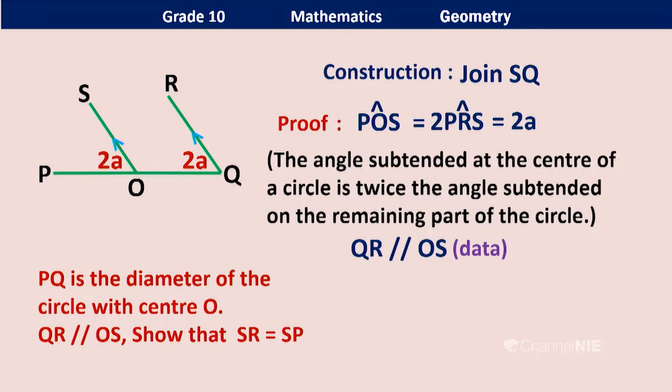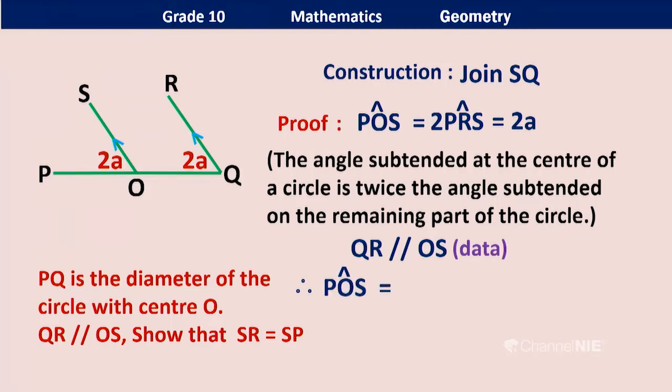Since OS is parallel to QR and angle POS is equal to 2A, we can mention that angle PQR is also equal to 2A. The reason is angle POS and angle PQR are corresponding angles. So, we can write it in the proof.